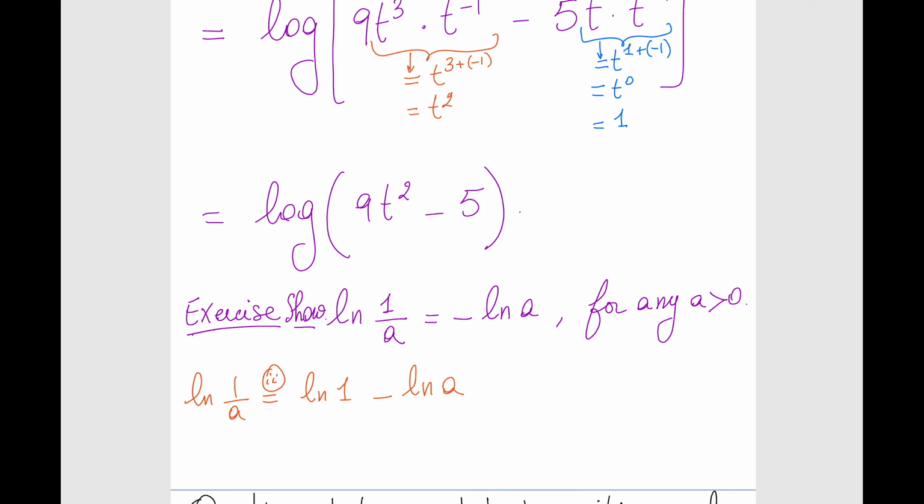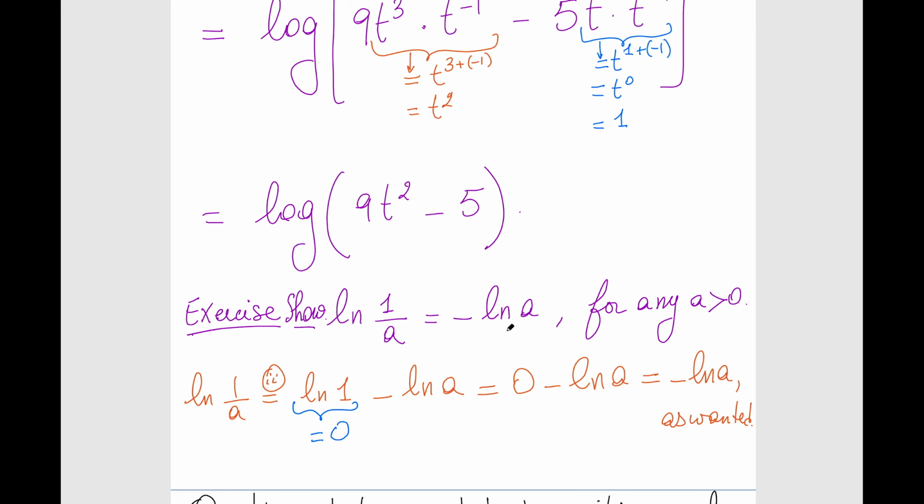And what's ln of 1? Well, log base a of 1 is 0. Remember that? Previous section. This is 0. So this becomes 0 minus ln of a, which is obviously minus ln of a as wanted, right?